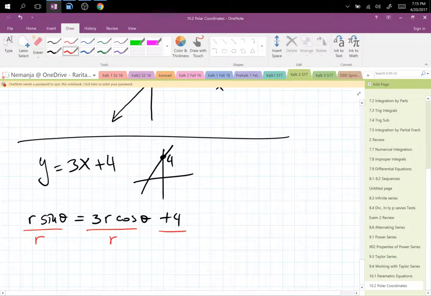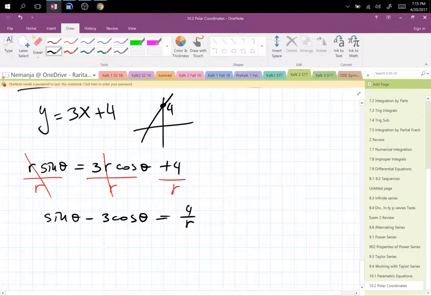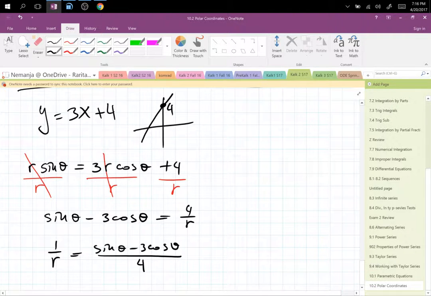You divide everywhere by r, so that kills these two r's, and only one r appears at the 4. So now I have sine theta minus 3 cosine theta is equal to 4 over r, and then I divide by 4, so I have 1 over r is equal to sine theta minus 3 cosine theta over 4, and then when I flip the fraction on the left, I have to flip the fraction on the right, which gives me r equals 4 over sine theta minus 3 cosine theta.